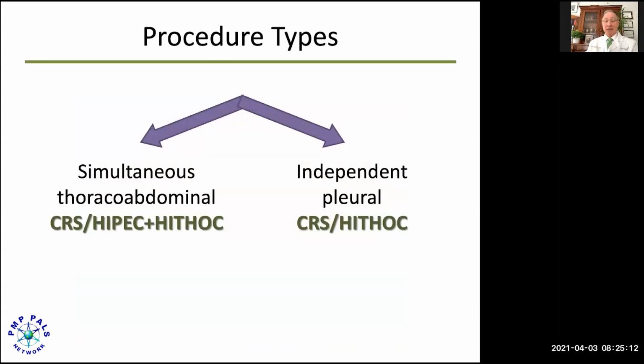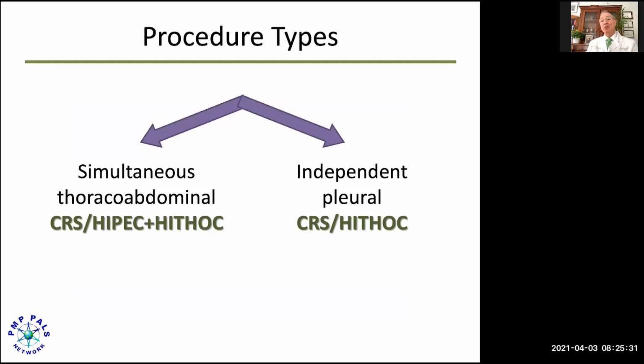When we do the HITHOC, there are 2 times to do it. Simultaneously, when it's unsuspected and we find during surgery that there is an invasion of the diaphragm, and we resect the diaphragm, then we will look into the other side.